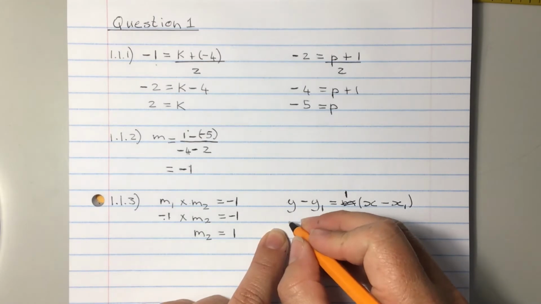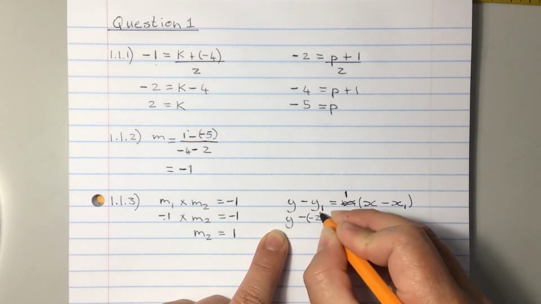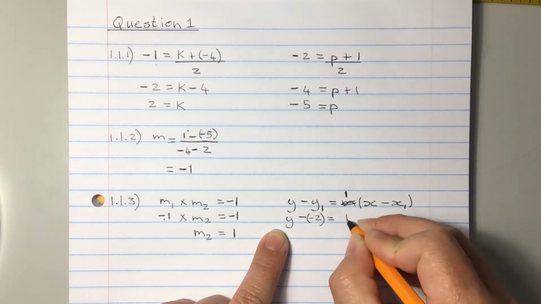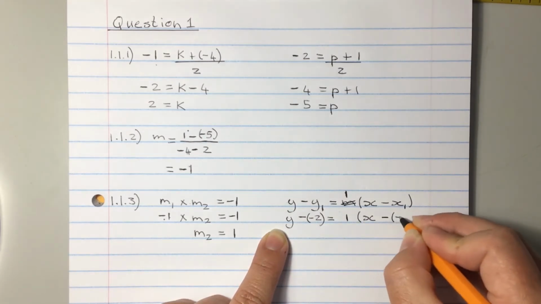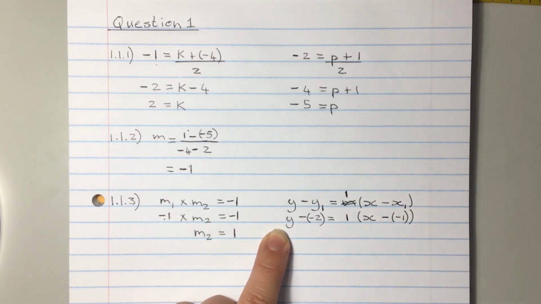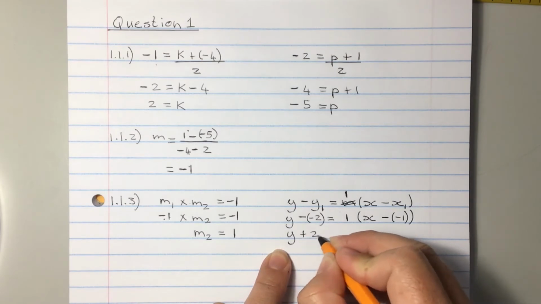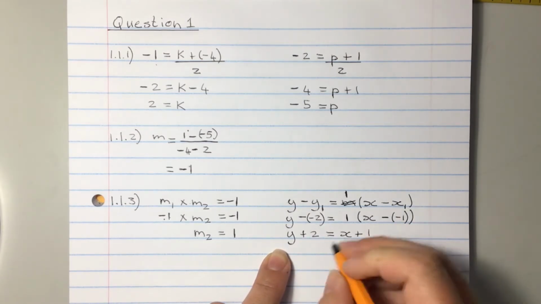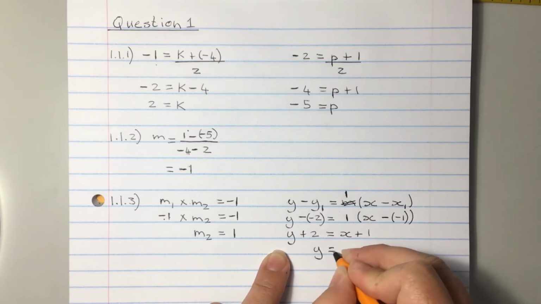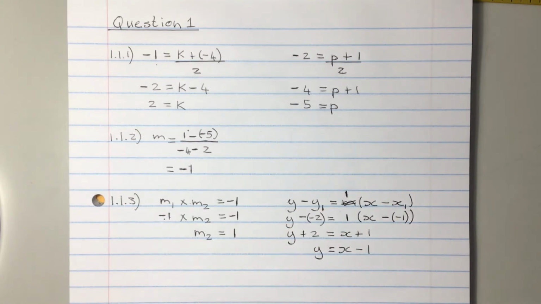So the y value for B is -2, which I will put into brackets, times 1, and my x value for point B is -1. And now we solve for y, and this is the easy part. Y plus 2 is equal to x plus 1, and I subtract 2 from both sides, leaving me with x minus 1 as the equation of my line.